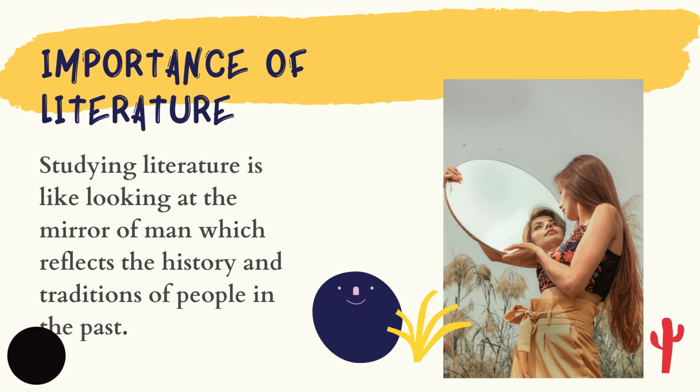It says here, as part of the importance of literature, studying literature is like looking at the mirror of man, which reflects the history and traditions of people in the past. So every time we are reading something, may it be a novel, a storybook, a textbook, right? We usually gain something from it, especially if the literary piece talks about the history of specific time.